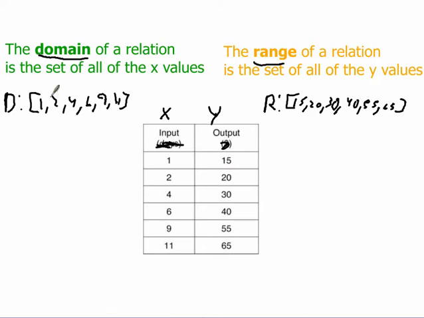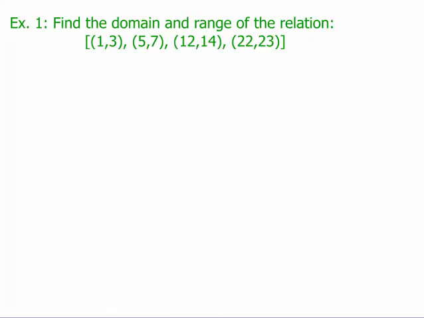So let's take a look at some examples of this. It says find the domain and range of this relation. Every ordered pair looks like this, X, Y. And we know the domain is all of the X values. So all I have to do is go through here, and there's one of them, that's an X value, that's an X value.